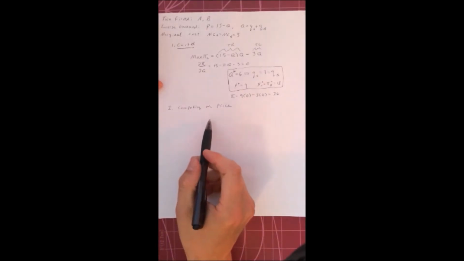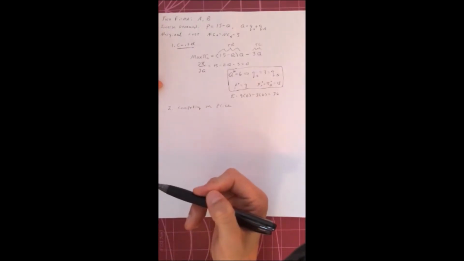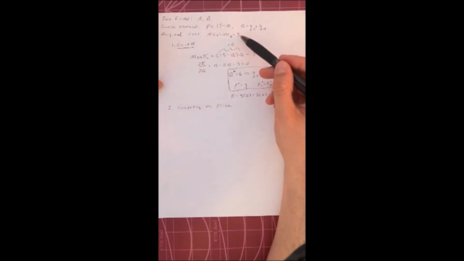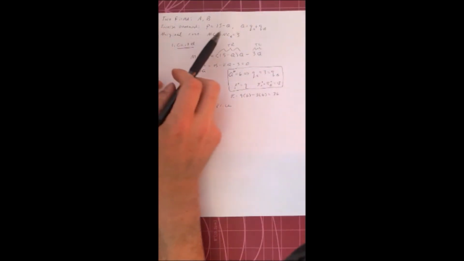When firms compete on price, at least in these examples in economics, the way that you approach this problem is you look at the marginal cost of each firm. In this example, they're equal and they're both 3. We can also look at the inverse demand, and I can tell that there's somebody out there willing to pay $15 for whatever we're selling here.